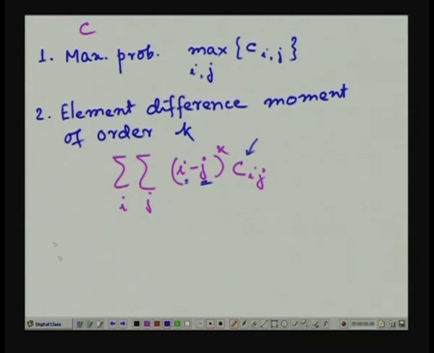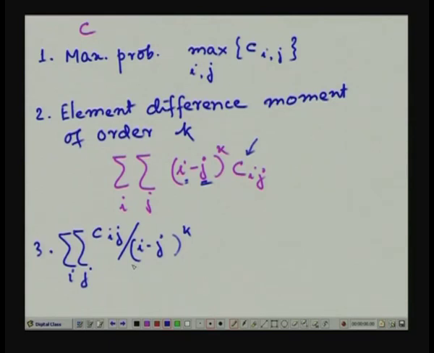Similarly, we can have the other operator which is just the inverse of this, that is C I j divided by (I minus j) to the power k, and you have to take the summation of this over I and j. This gives you just the inverse effect.